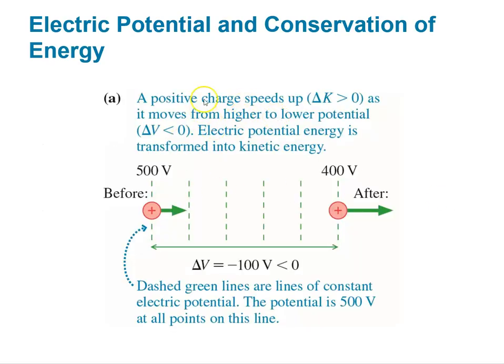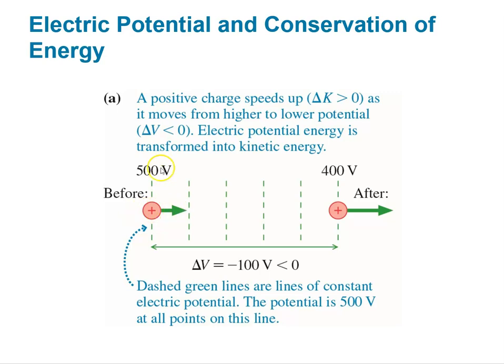All right, so a positive charge speeds up as it moves from higher to lower potential. Remember, a positive charge is attracted to negatives, so it's going to move toward an area of lower potential.